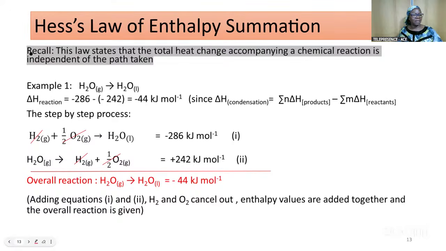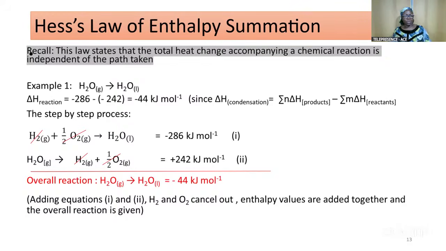So reversing this process turns the sign of delta H to plus. This one is left as formation of liquid water. So we can cancel out common terms which are intermediate, because assuming we want to write this reaction as an overall reaction, we cannot leave the intermediate or common terms on the reactant side and on the product side. We can cancel out for step 1 and step 2.